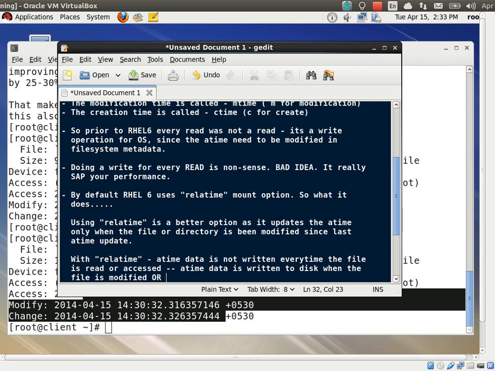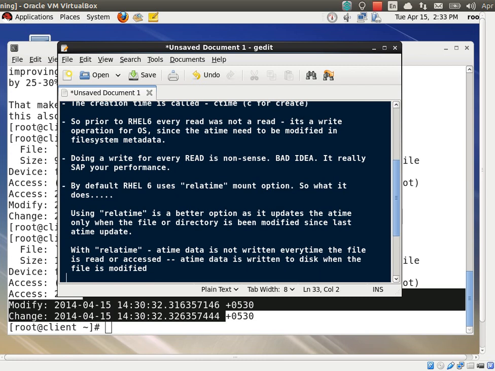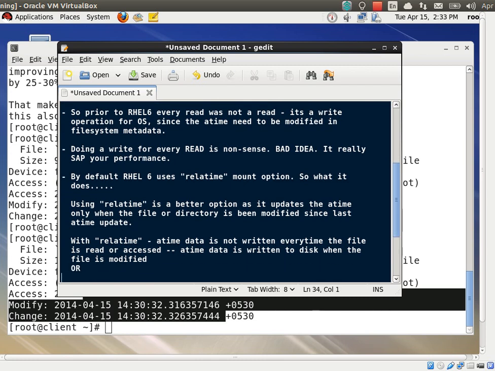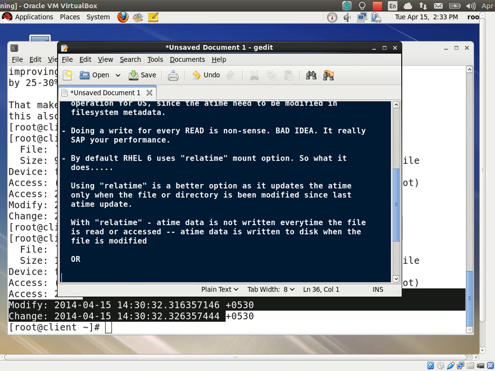Or, very important, or the file is accessed more than a certain period of time. After more than a certain period of time.